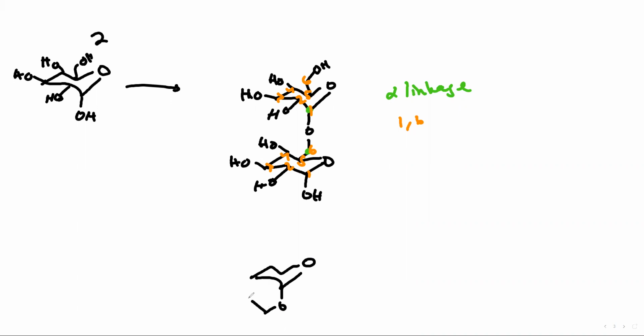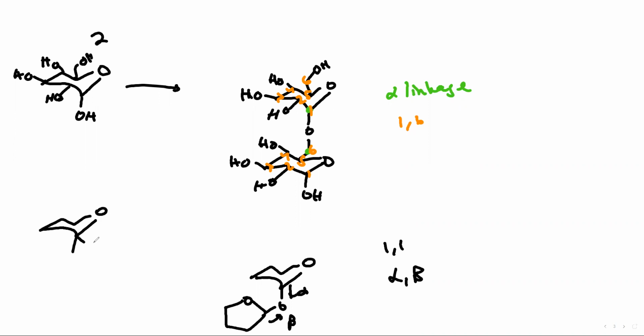Actually, let's do this. Let's say I had this here where this is pointing up, so it's beta, and this is pointing down, so it's alpha. You would just call this an alpha beta linkage and then just number it. So this would be 1, 1. Alpha beta linkage.